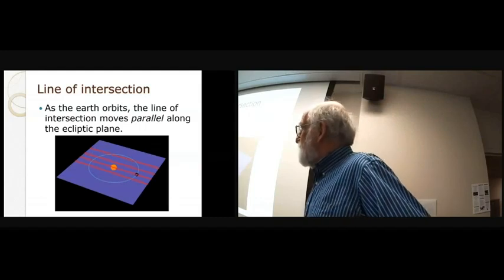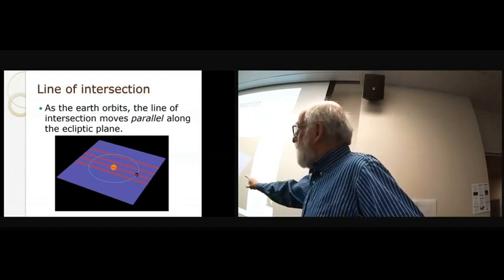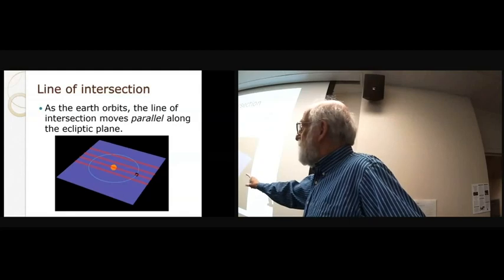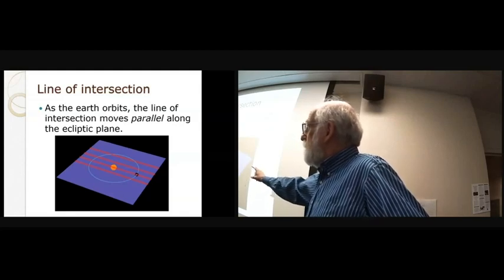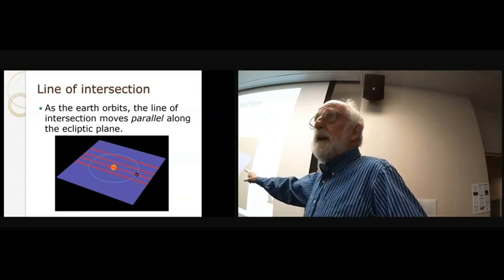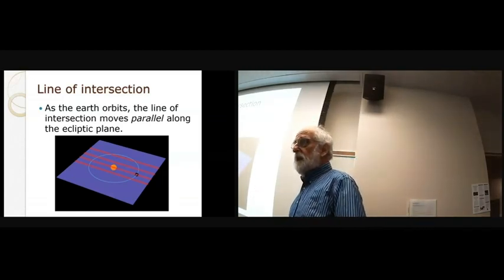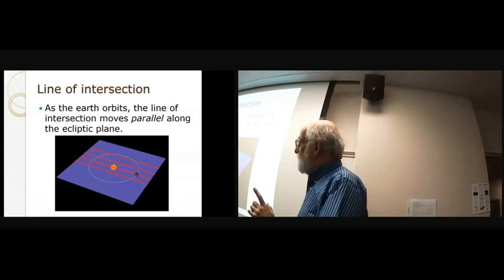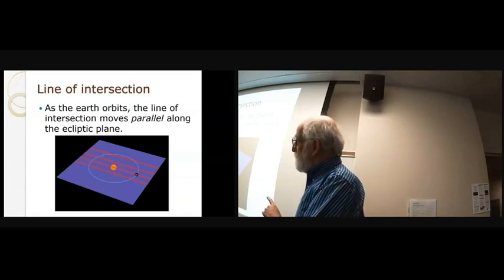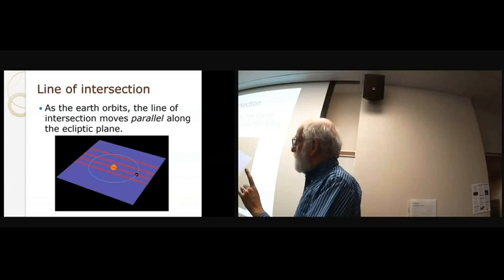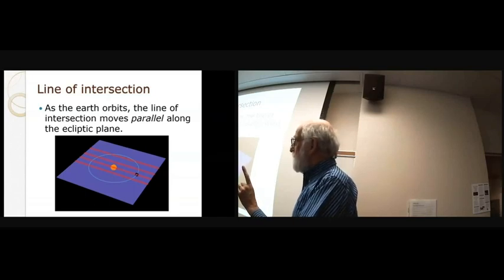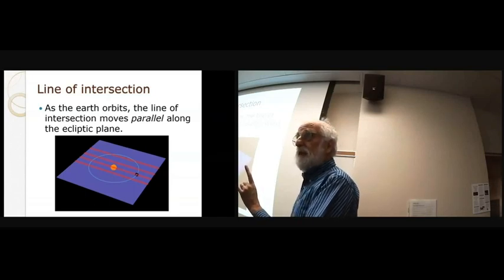Now, it needs a little bit of explaining why the line of intersection is always one of these parallel lines. The reason is really conservation of momentum, because, as I said, the plane of the Earth and the Sun is perpendicular to a certain vector, which is conserved.